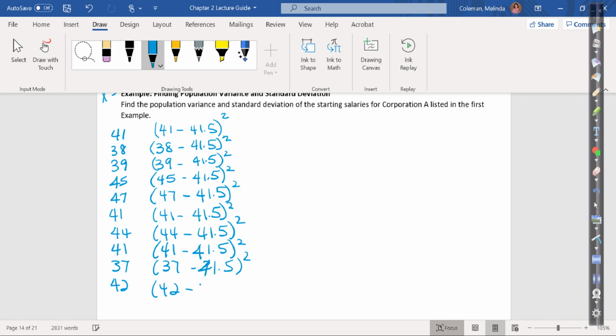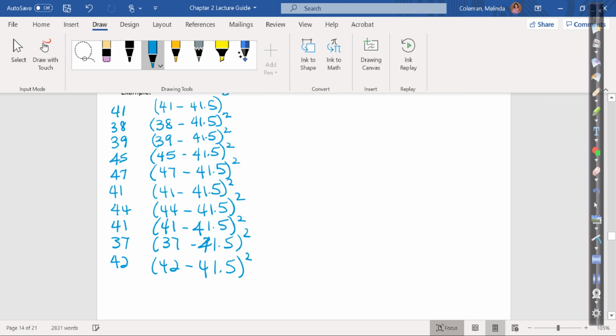And 42 minus 41.5 squared. After I do this, I have to sum all of these up. So I'm going to add all of those.